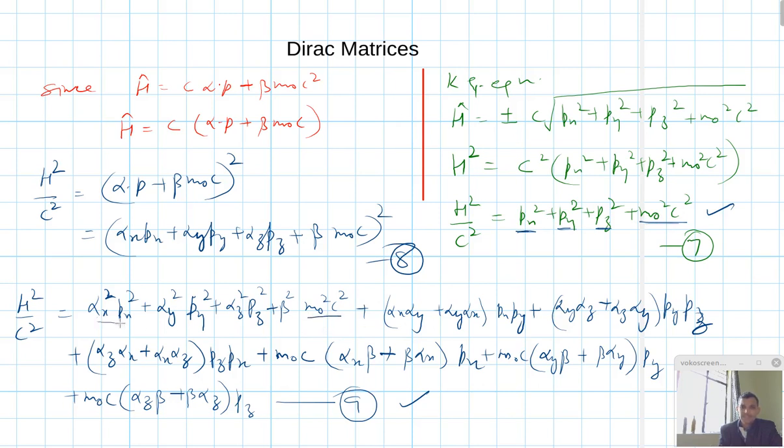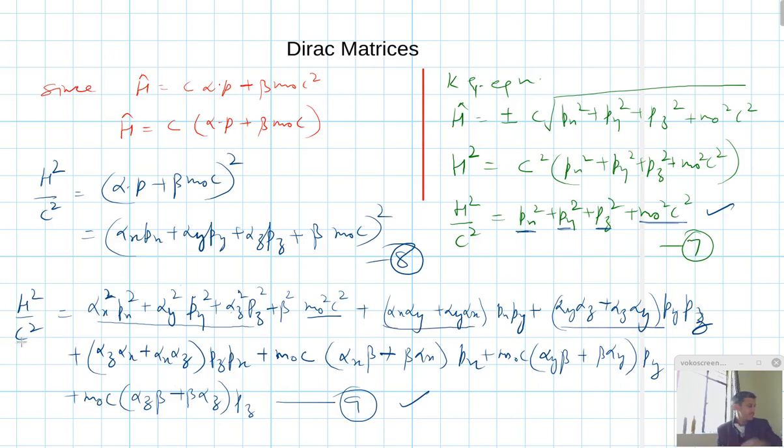That means beta square is equal to 1, and since px square matches px square, alpha x square should be equal to 1, alpha y square should be equal to 1, alpha z square should be equal to 1, and the rest of the coefficients will be equal to 0.